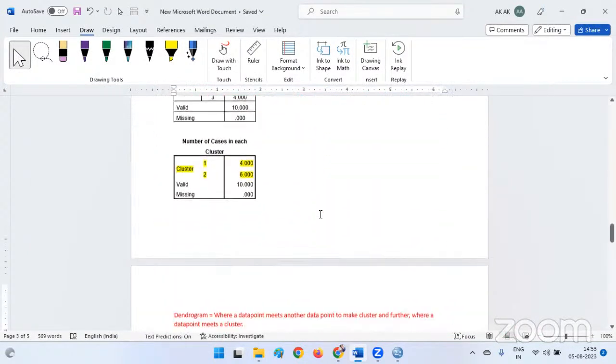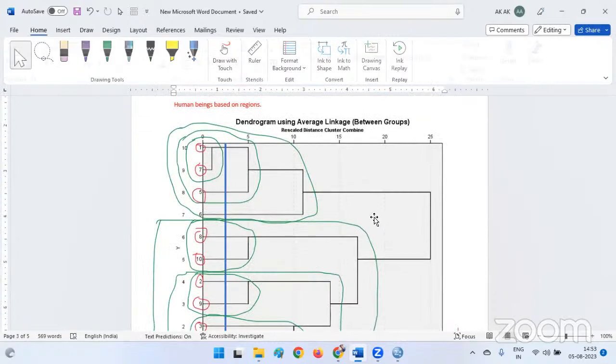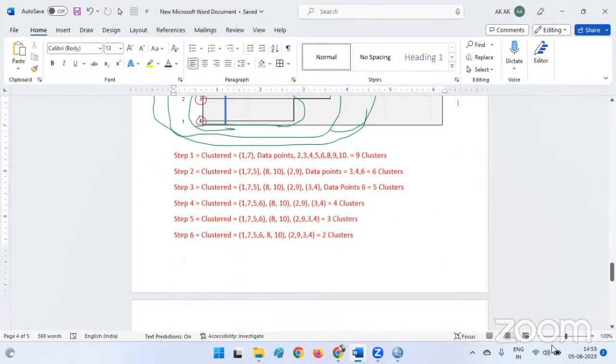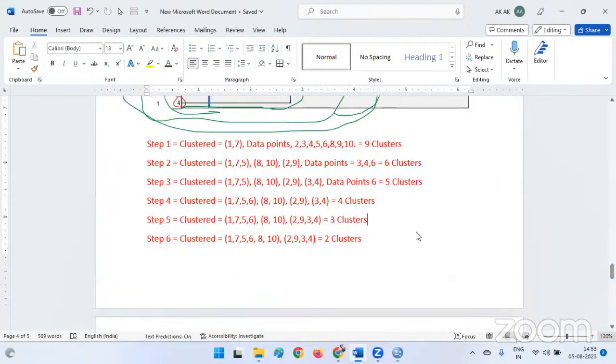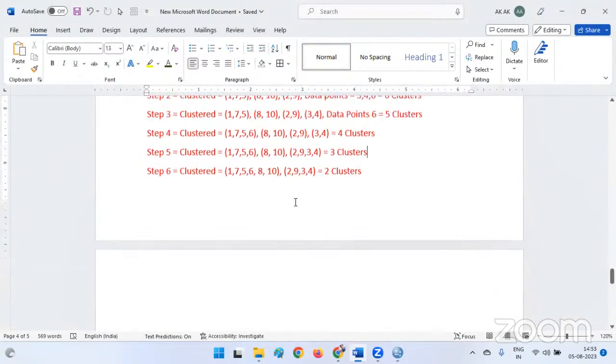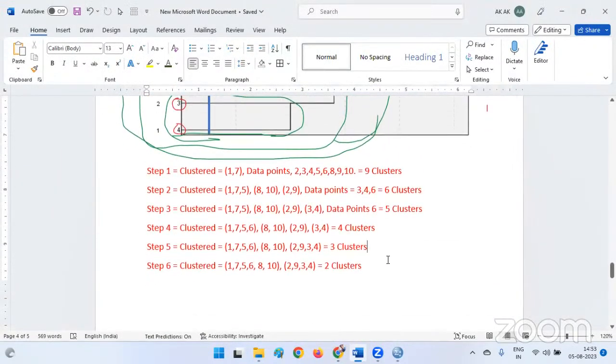Okay, so this was the basic concept of the cluster analysis and SPSS application. But this is not enough actually. We will go to one more level and check the strength of the clusters, whether the clusters are good or bad.